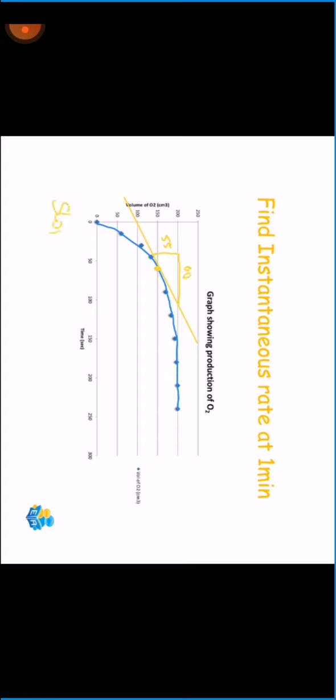So the slope of my graph is the rise over the run, which is 55 over 60. When you do 55 divided by 60, we get a rate of 0.91 centimeters cubed per second. So that means exactly at this point here, at 1 minute, we have produced 0.19 centimeters cubed per second.